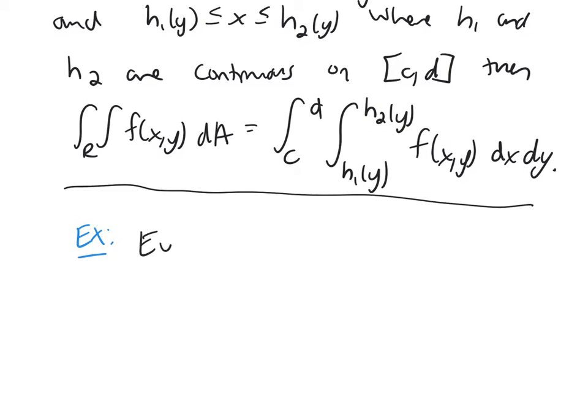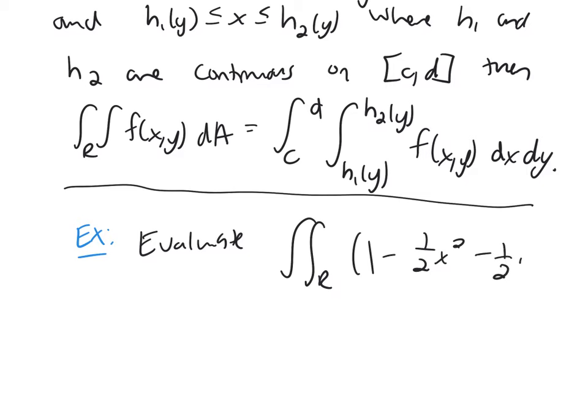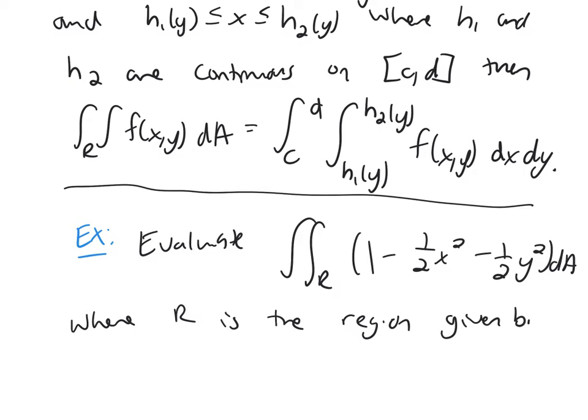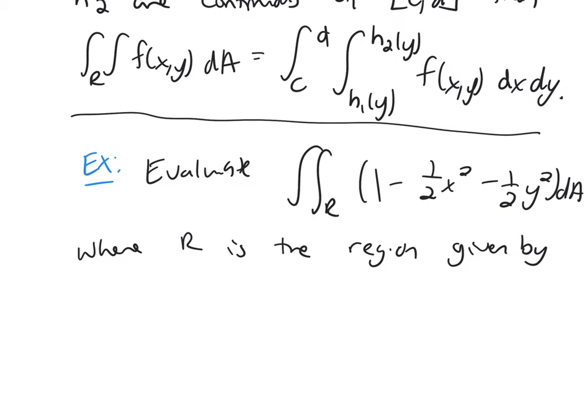Let's evaluate the integral over R of 1 minus 1/2 x squared minus 1/2 y squared dA, where R is the region given by x is between 0 and 1 and y is between 0 and 1.